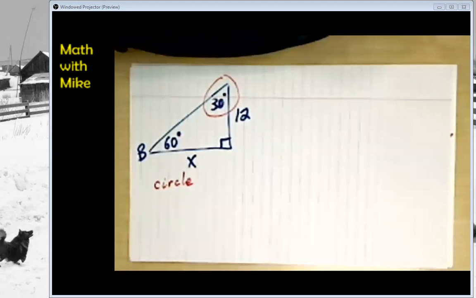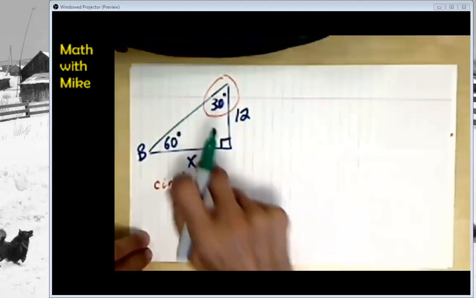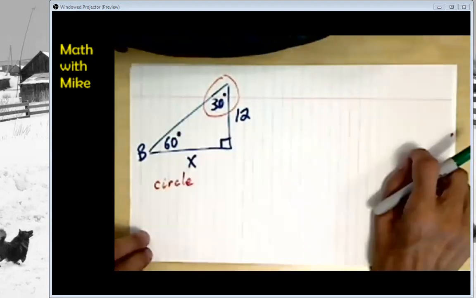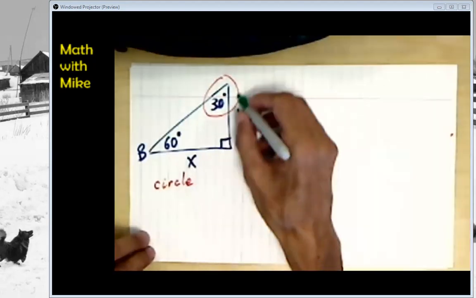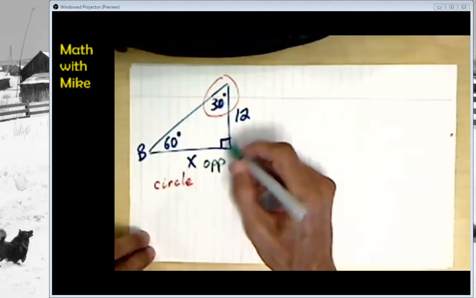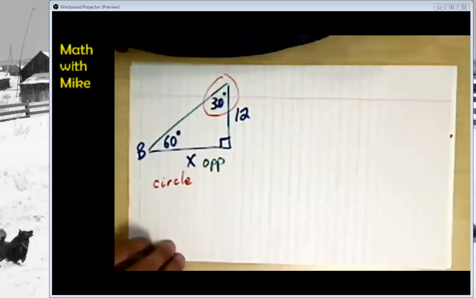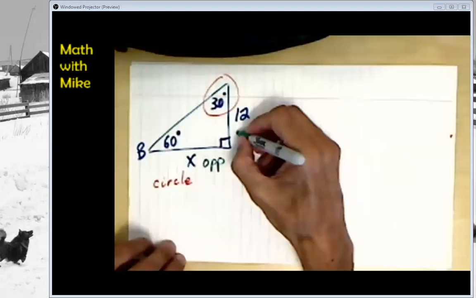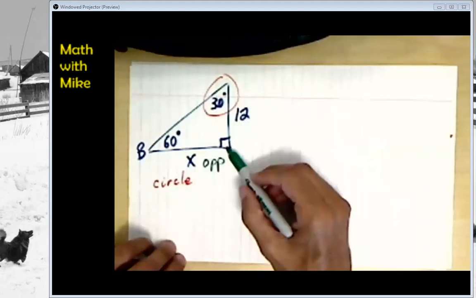So labeling, good people, which side is which? Okay, we've got the circle there. It's not the one that's not touching the circle, right? Far away. That's how we said it. Oh, the 12.